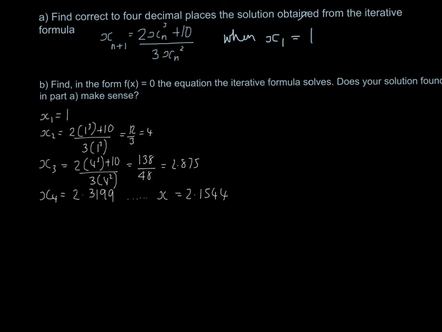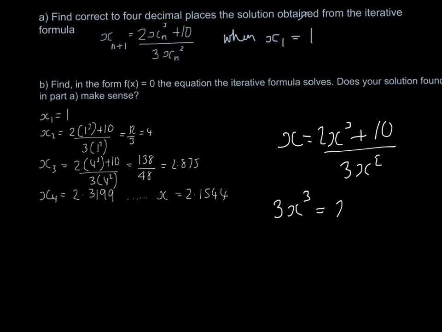Okay, so look at part B. So find in the form fx equals 0 the equation that the iterative formula solves. So how we go about that is to say, okay, if x equals 2x cubed plus 10 over 3x squared, we can multiply both sides by 3x squared, so we get 3x cubed equals 2x cubed plus 10.